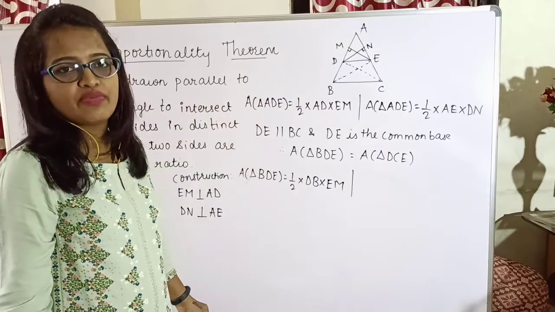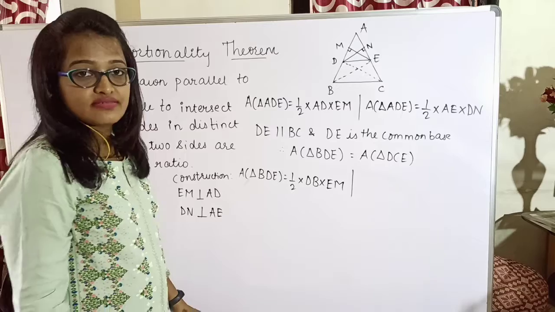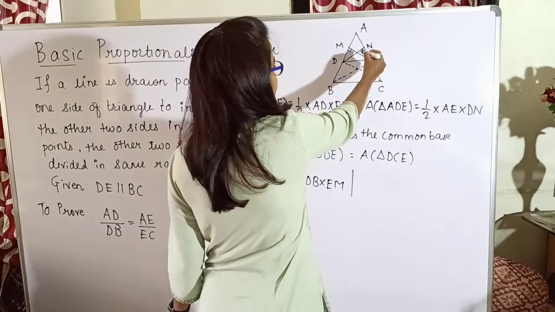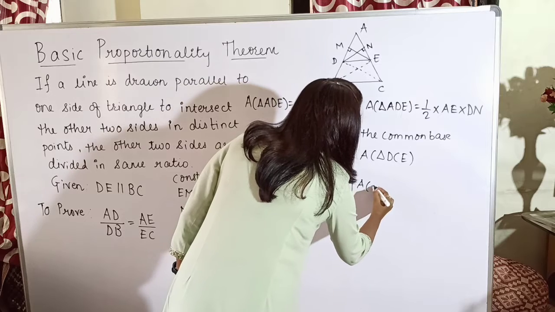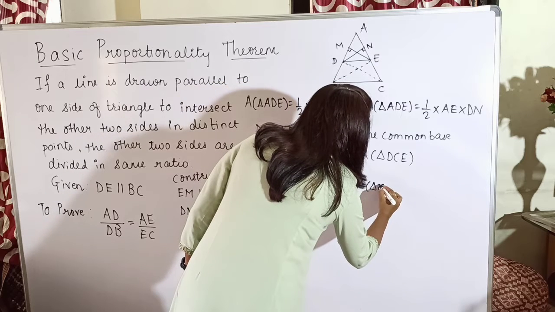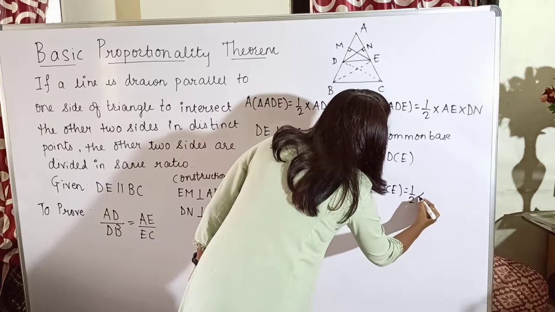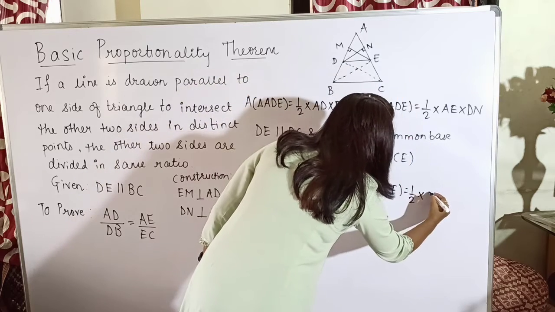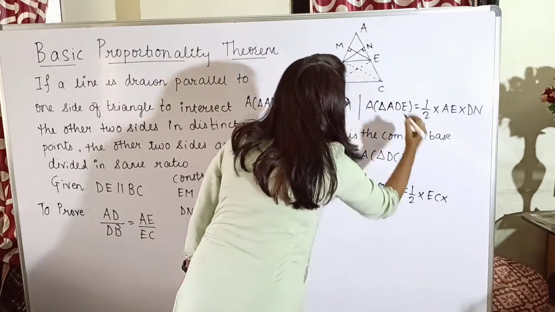Again, DN is the same height. Why? Because AE and EC are the same line, isn't it? So whatever is the height falling on AC, the same will be falling on EC. So area of triangle DCE will be equal to half into base, which is EC, into height, which is falling on AE, that is DN.